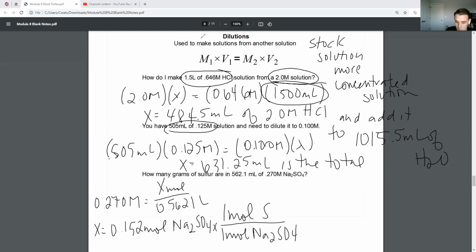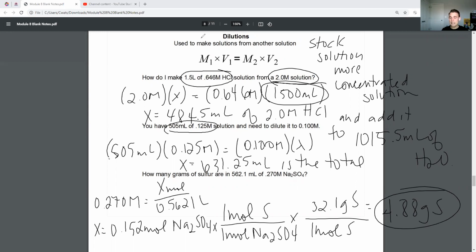So one of the compound gives me 1 sulfur, and I know that 1 mole of sulfur is 32.1 grams, which gives me a final answer of 4.88 grams of sulfur in this solution. Okay. I am going to show you how to do a dilution as well at the end of class, so get excited about that as well.